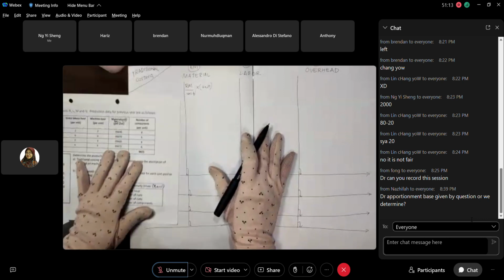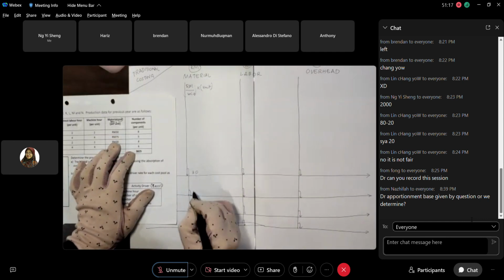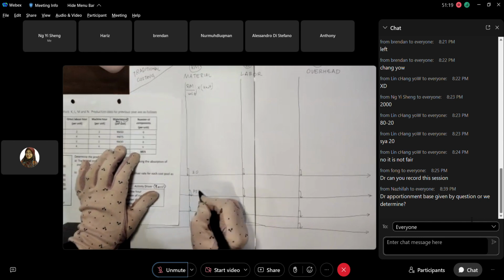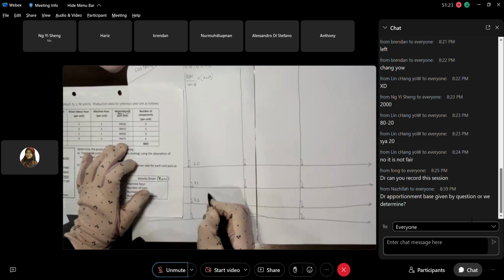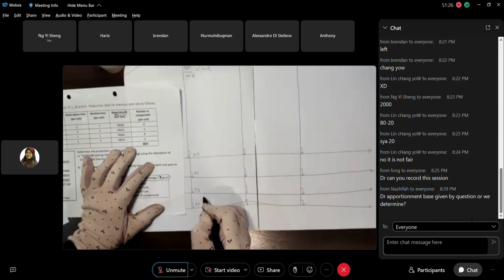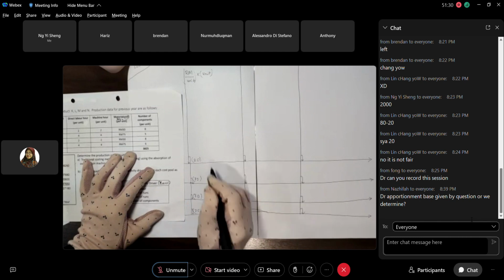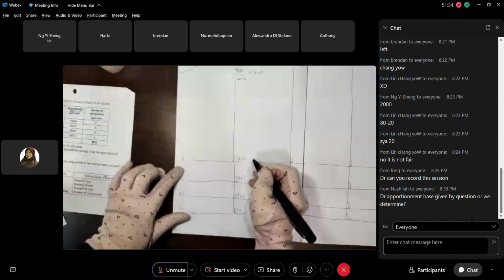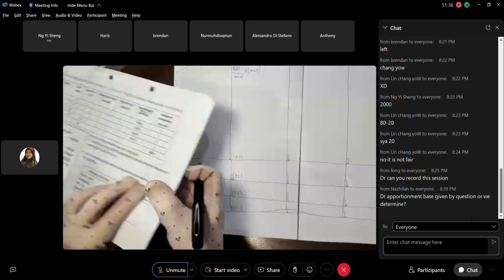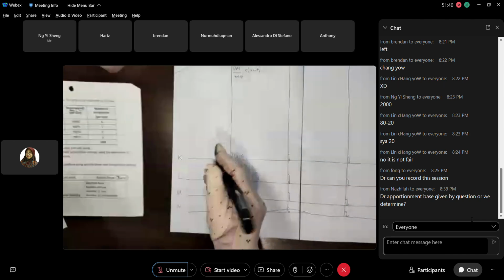So RM per unit here is 30, 75, 30 and 75. What is the unit? I put the unit here. The unit output is 25, 25, 250, 250.